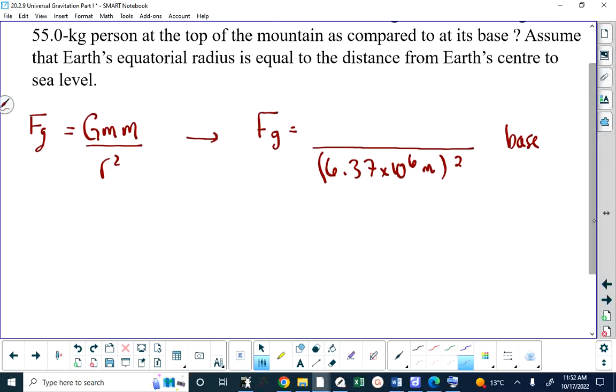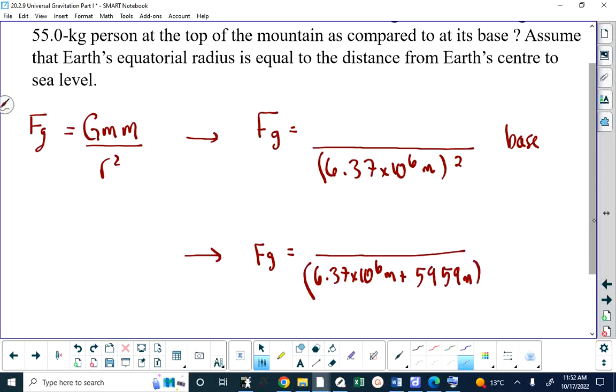And you're going to have to do another calculation with this as a distance. We're still going to have on the top capital G, 6.67 times 10 to the negative 11, times the mass.